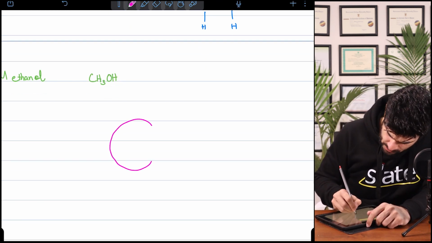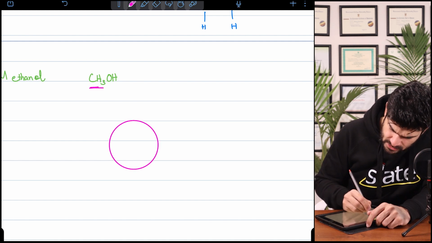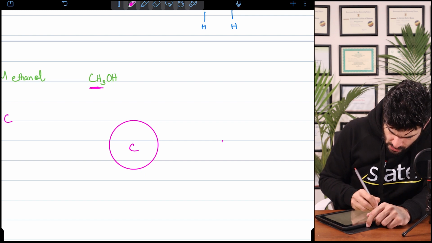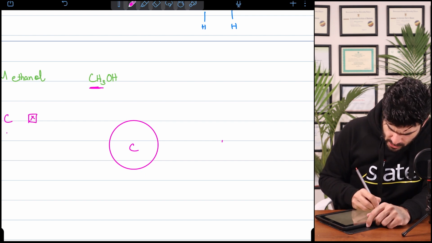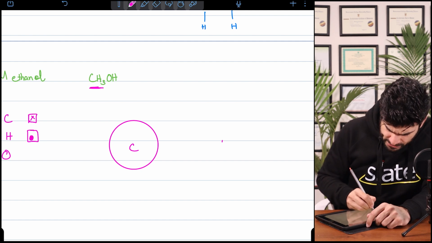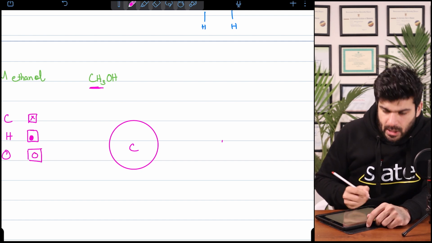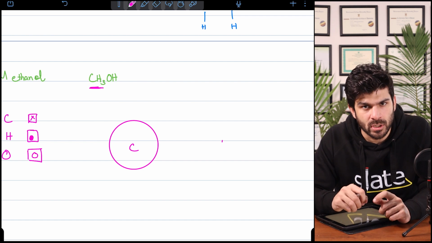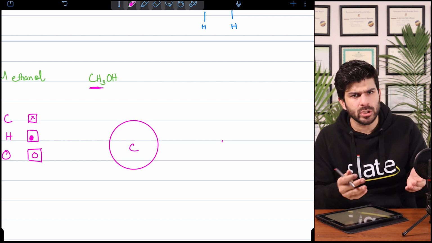So we have 1 carbon. Carbon has 3 hydrogens. So we can do, the carbon can get cross, hydrogen can get dot, oxygen can get a round circle. You can even give oxygen a dot and cross. That's completely up to you.